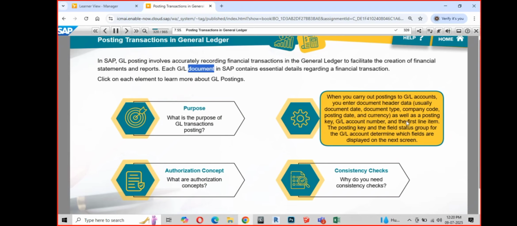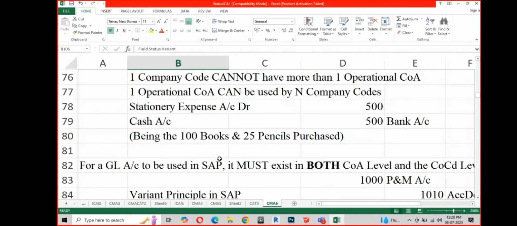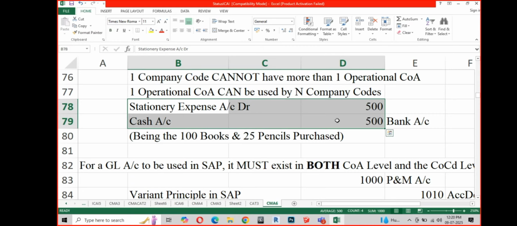Now coming back to the concept of document. What is a document? A document is nothing but a transaction. Once I save this information in the SAP system, please mark my words, there is a generation of a document and also a number.